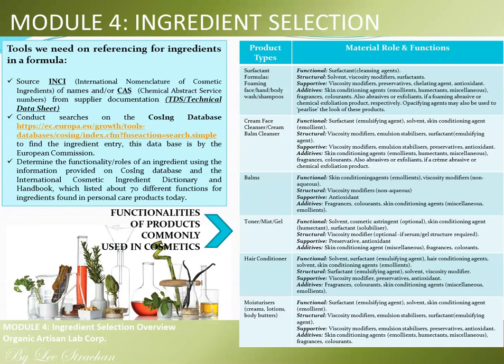Now let's talk about the tools that we need for referencing ingredients in a formula. All right, what we need to know are these tools. Number 1, the source INCI, or International Nomenclature of Cosmetic Ingredients names, and/or the CAS, or Chemical Abstract Service numbers, and these we can get from the supplier's documentation.